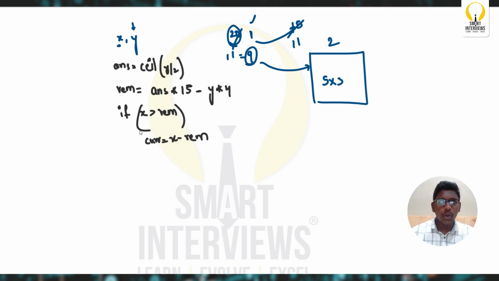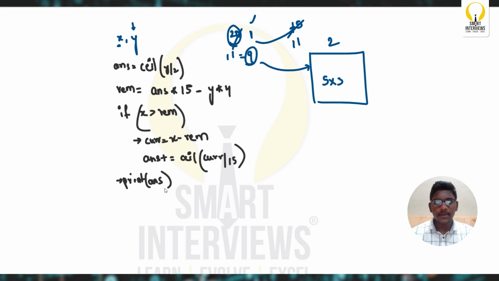Now the additional x cells are this. For this, you can simply say that answer plus equal to the ceil value of current by 15. That's it. Those many number of additional screens you're going to make use of, right? So simply print the answer over here. I hope you understood the logic and code part.